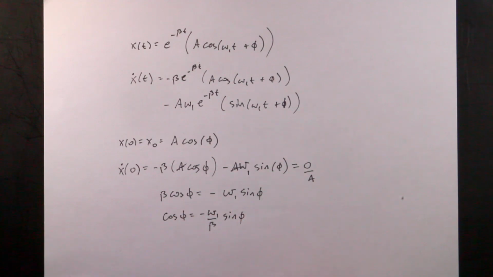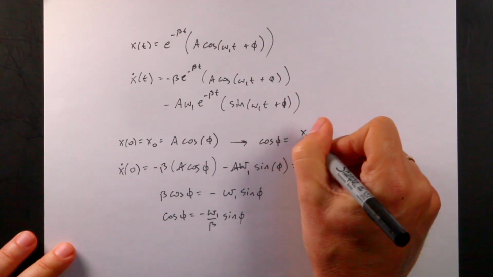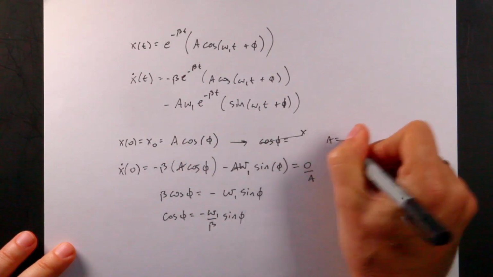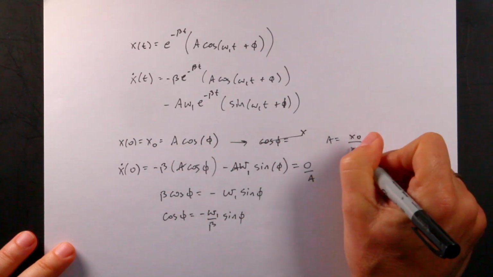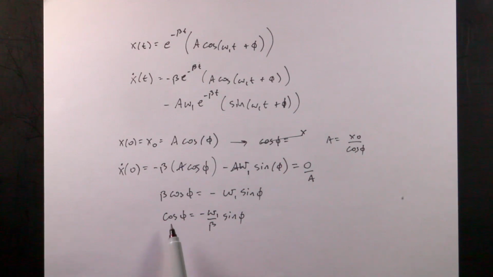Now, up here, I can say A equals x0 over cosine phi. So x0 is equal to A cosine phi.